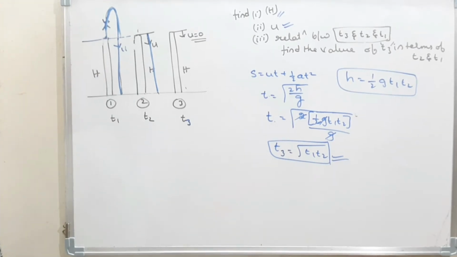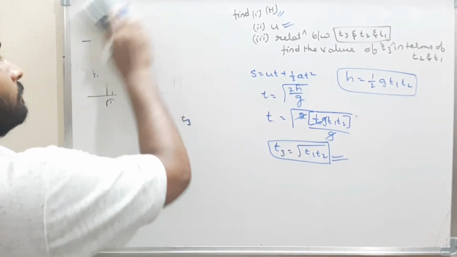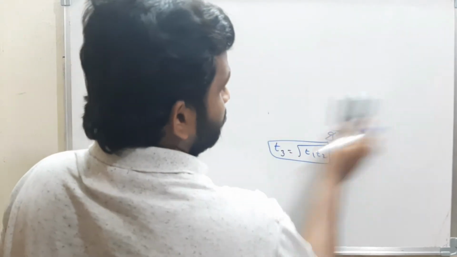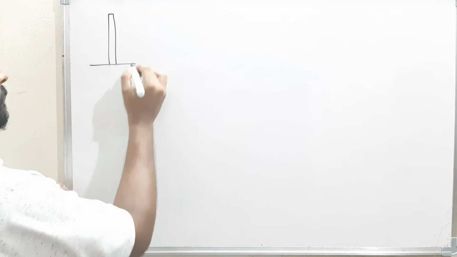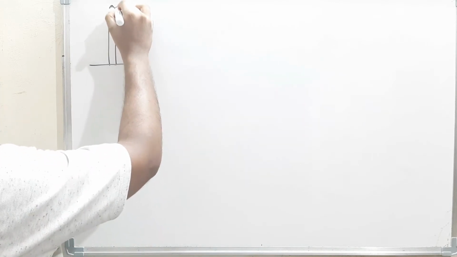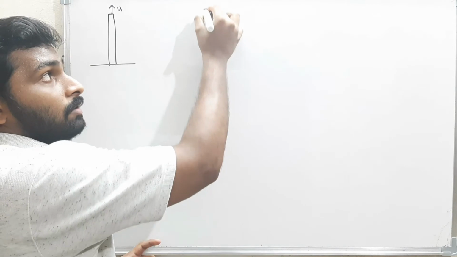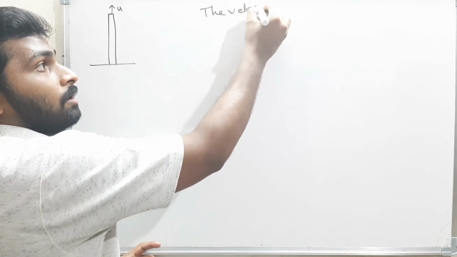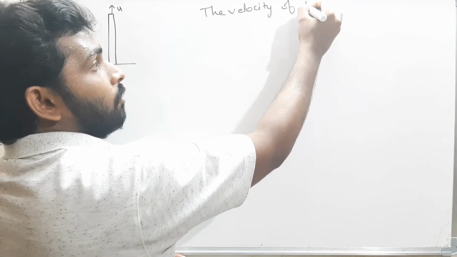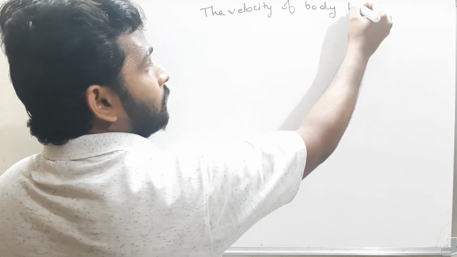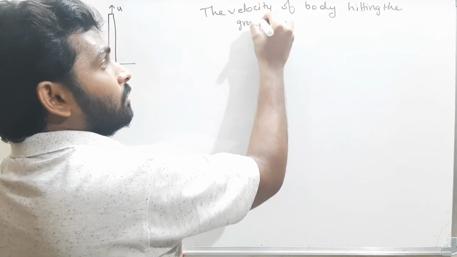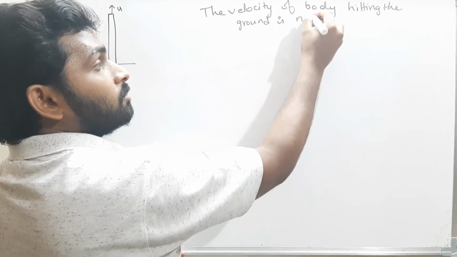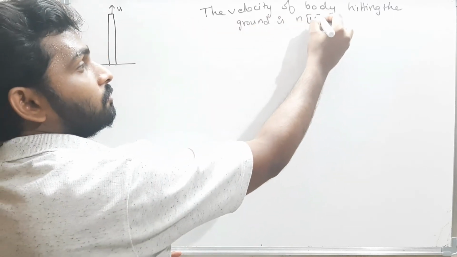Okay, now we will see one more. Now see here. This is the tower and the body is projected with a velocity u, and they told that the velocity of the body hitting the ground is n times of the launching velocity, that means nu.